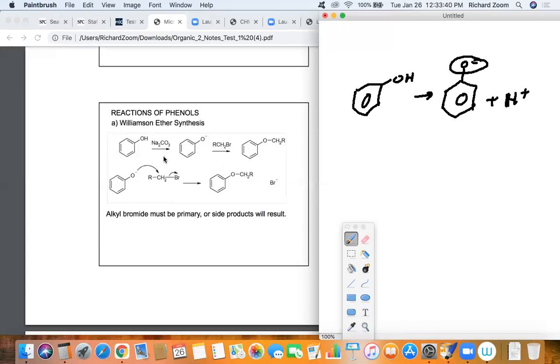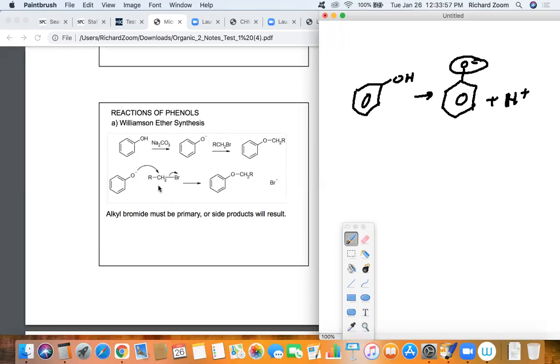The consequence of that is that we don't need a very strong base in order to remove that hydrogen from the oxygen. So even something like sodium carbonate would be a strong enough base to take that H off and form the negative charge on the O.